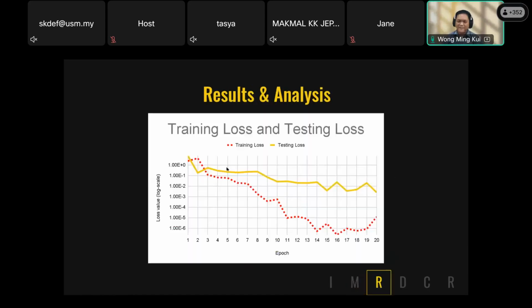So let's look now at the result. Remember just now I said the evaluation metric is loss, the binary cross entropy. It's actually detecting loss, meaning error, the degree of error in the model. Let's look at the training loss here, the red one. Epoch means cycle, so the first training cycle, second, third training cycle.